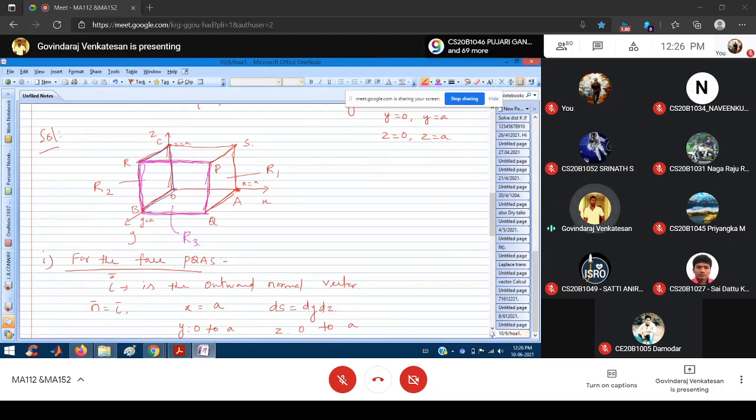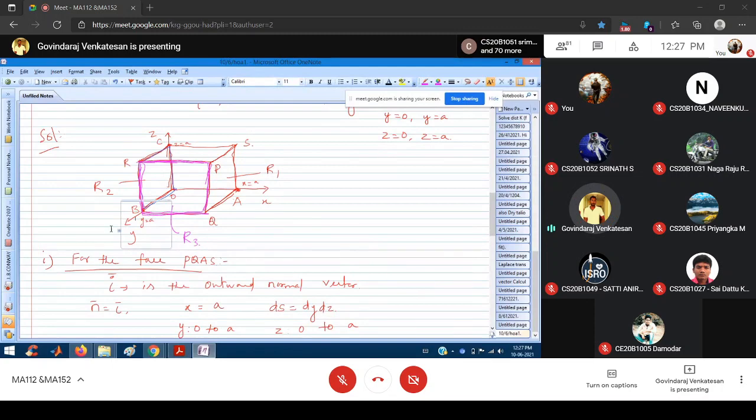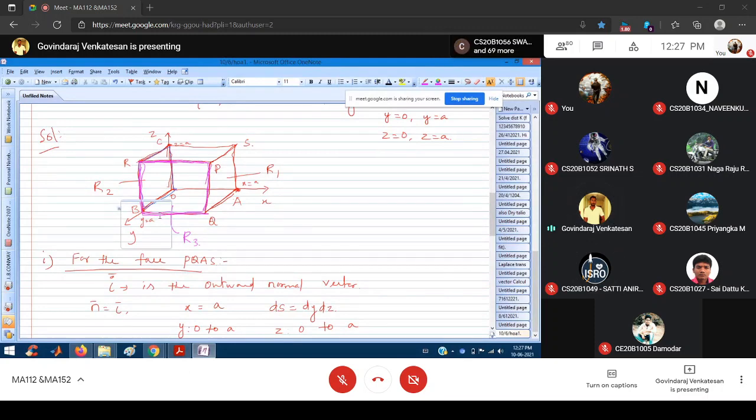This surface exactly lies on the y-axis, at the point y is equal to a. Okay, so what is the outward normal vector of this surface RPQB? J cap. What about others?